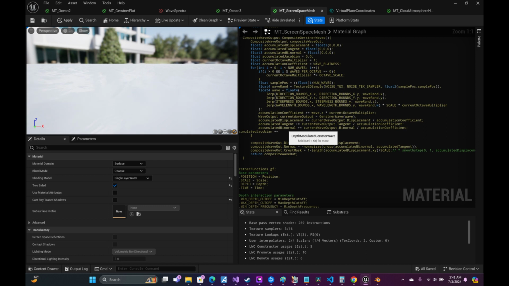Plus equals 1 minus length of the current wave output dot displacement dot xy divided by wave dot w.